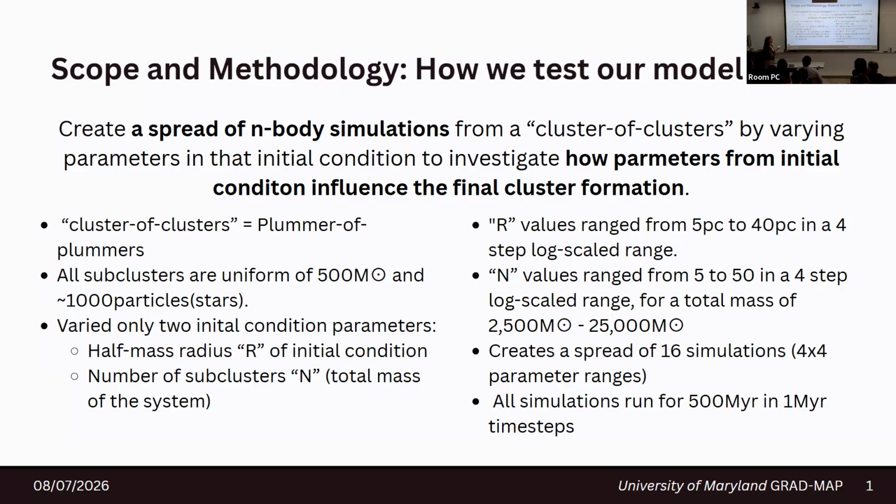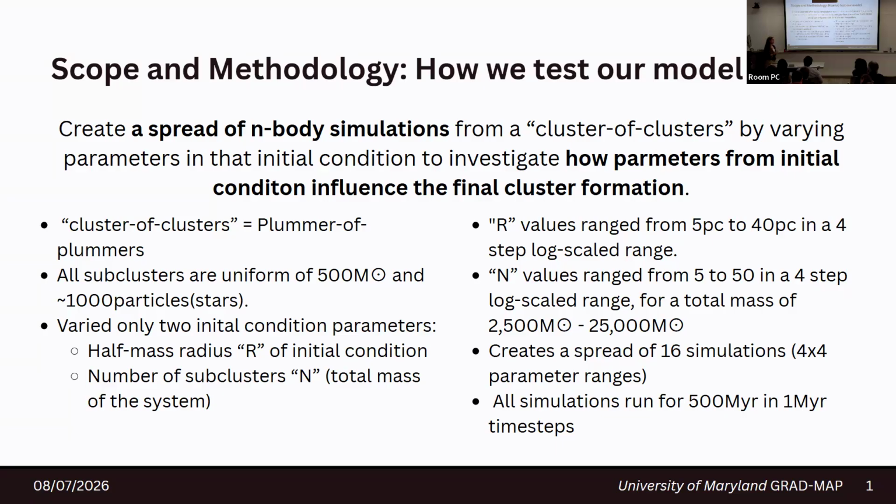So it is a cluster of smaller clusters. The large cluster has a Plummer model distribution, and each subcluster also has a Plummer model distribution. Each subcluster has a total mass of 500 solar masses, which equates to about 1,000 particles per subcluster.